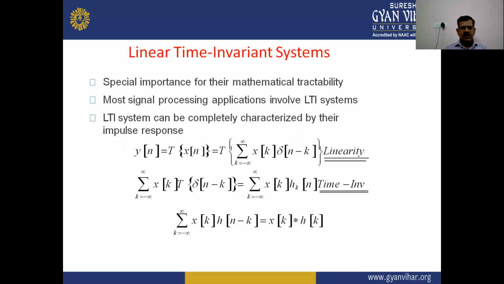So y[n] = T{x[n]} = T{sum over k from minus infinity to infinity of x[k] delta[n-k]} = sum over k from minus infinity to infinity of x[k] h_k[n], which gives the sum over k of x[k] h[n-k] = x[n] * h[n]. So this is the LTI system.